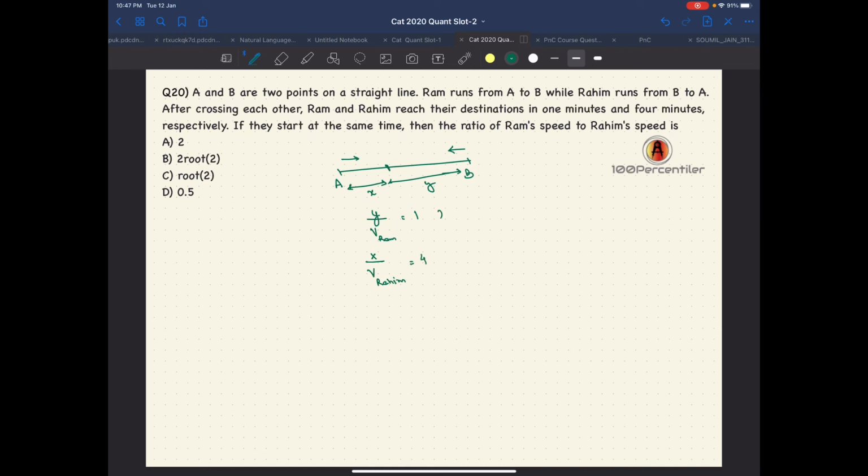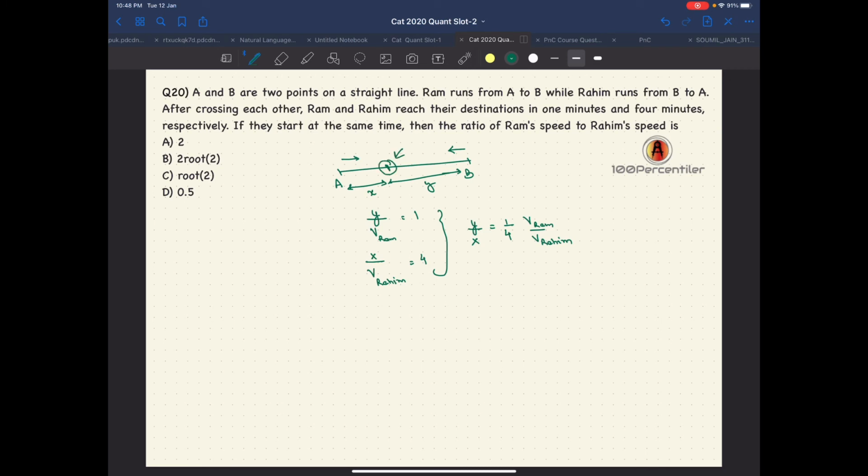Therefore, dividing these two, we have here y upon x equal to 1 upon 4 times V Ram upon V Rahim. Okay, next we know that they met the first time at this particular point.